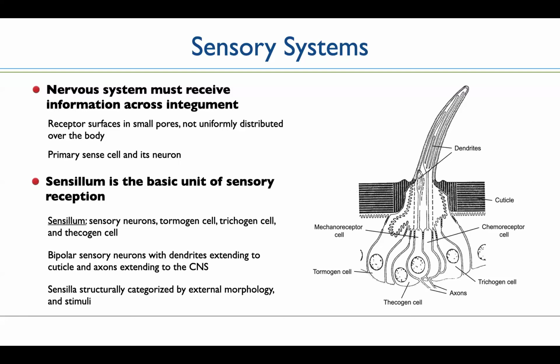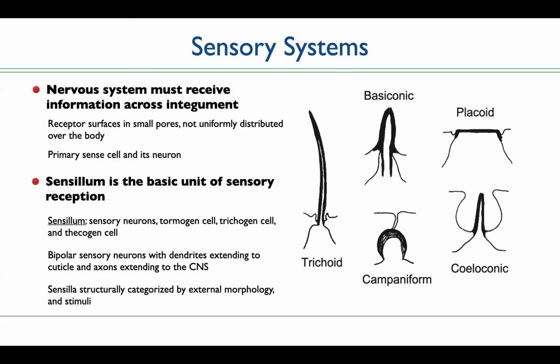In this case, it's more of a mechanoreceptor, picking up any type of wind movement, vibrations, and whatnot. But then you have these tormogen cells, thecogen cells, and trichogen cells that basically encase those axons. And again, you have different structures here depending on what the stimulus is going to be.